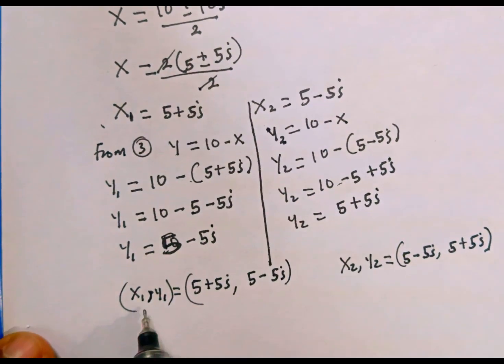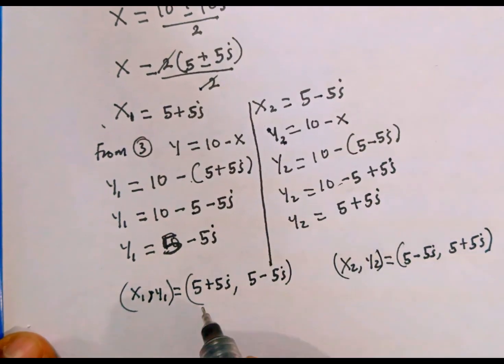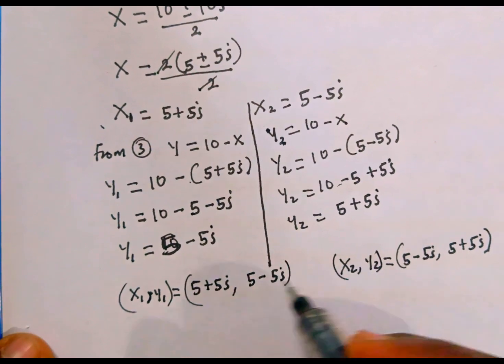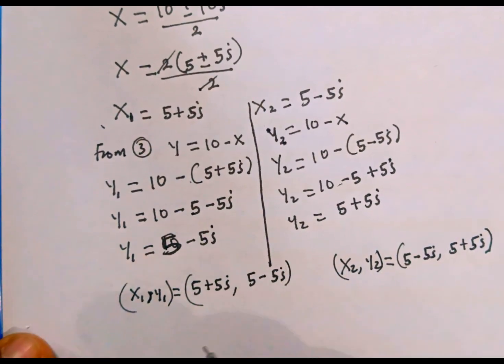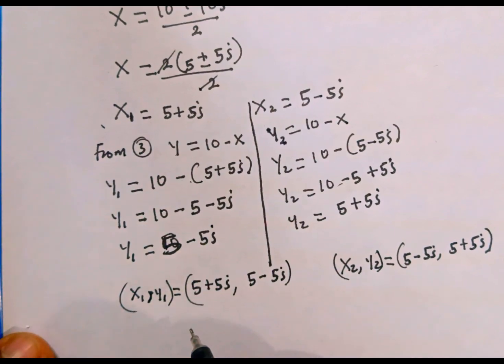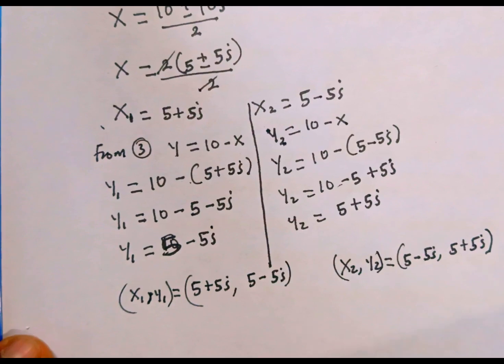So this is the value of x and y from case 1, and this is the value of x and y from case 2. Now, for you to be sure that this really satisfies the equation, we are going to pick one of these and substitute into the original equation to see whether the left hand side is the same as the right hand side.